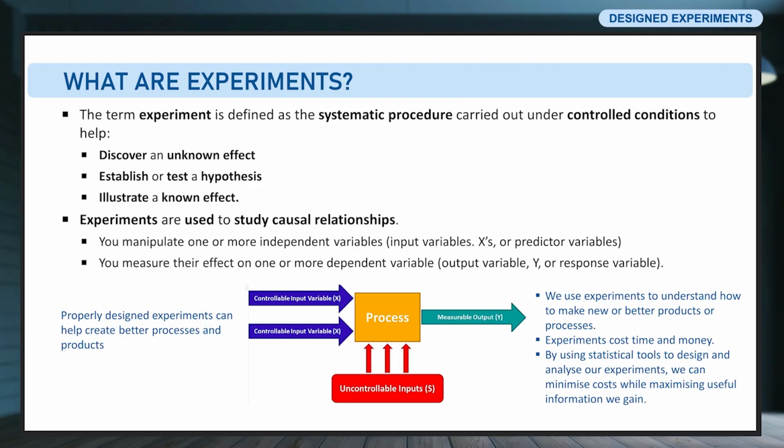Experiments are used to study causal relationships. In other words, the relationship between cause and effect. You manipulate one or more independent variables, input variables, which are also known as x's, and you measure their effect on one or more dependent variables, which are also known as outputs or response variables.